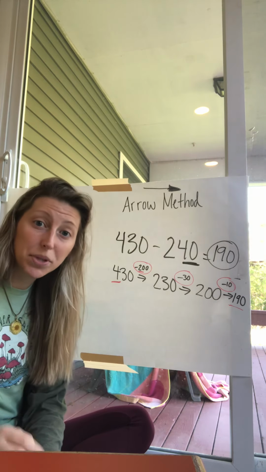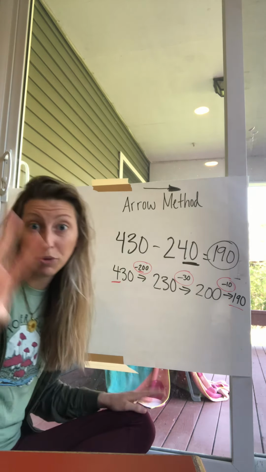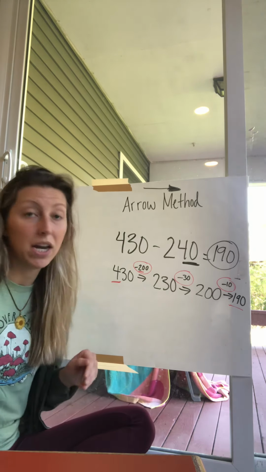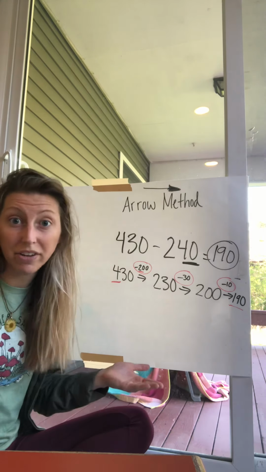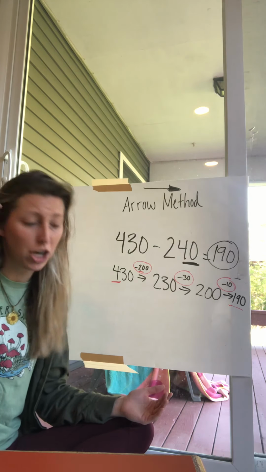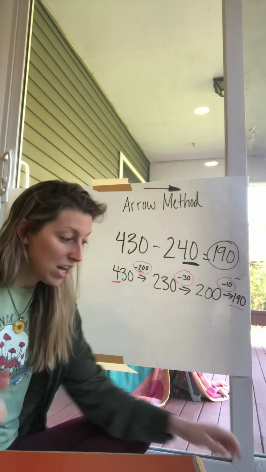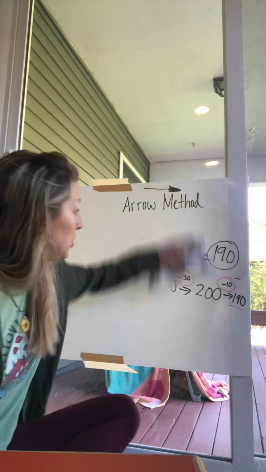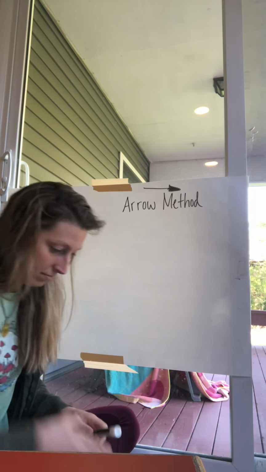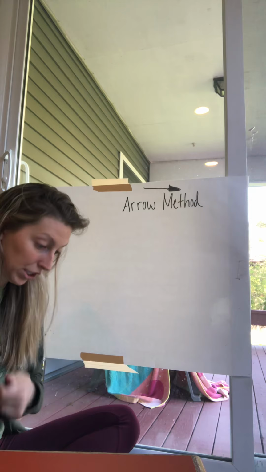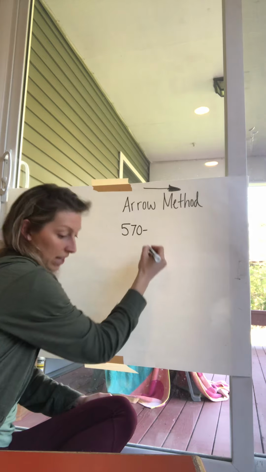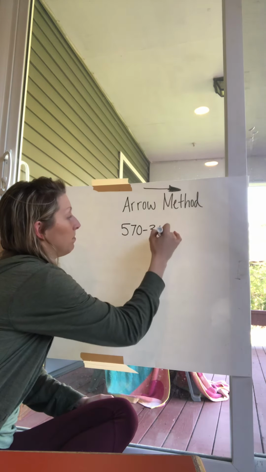So I'm going to put a few problems on this board. I'm going to put 3 more problems up. I will also list them on the learning plan, but I will put them up here, and then you can pause the video and work them out yourself, either on a piece of paper, a dry erase, a chalkboard, whatever you have available. Alrighty? So the next 3 that we are going to do using the arrow method, these are a little bit trickier, but not too bad. Okay, so we have 570 take away 300.